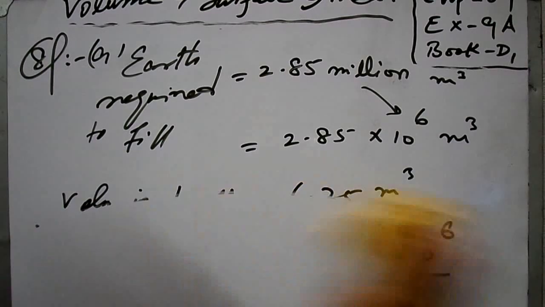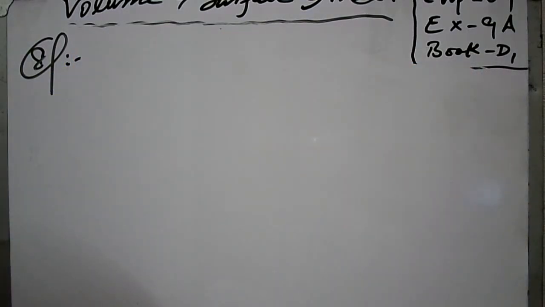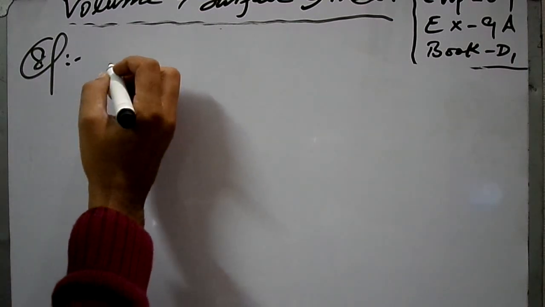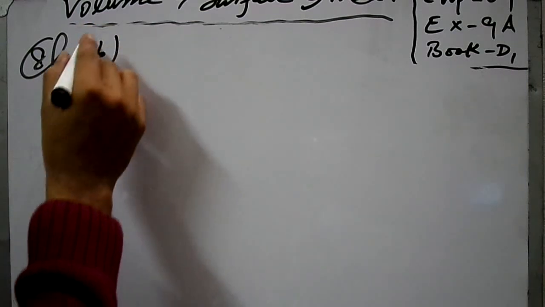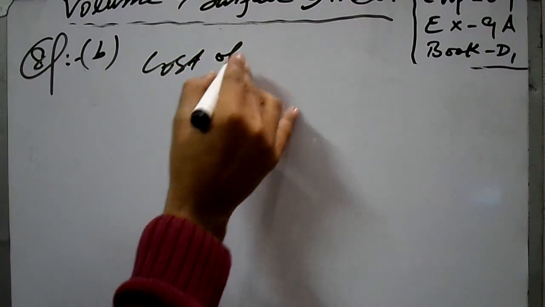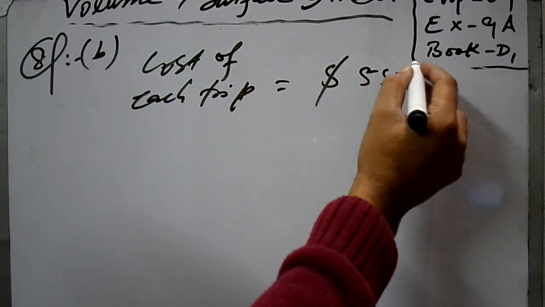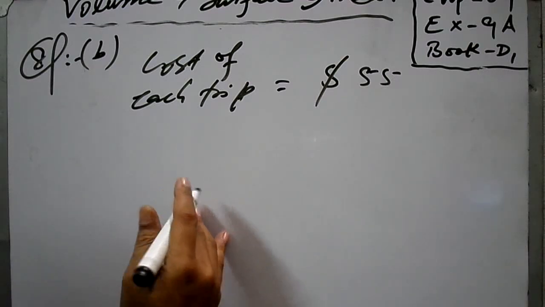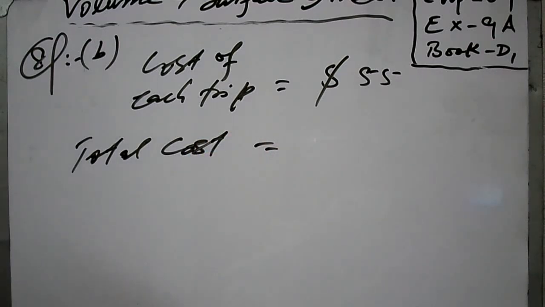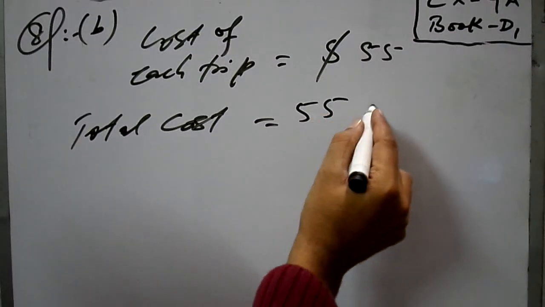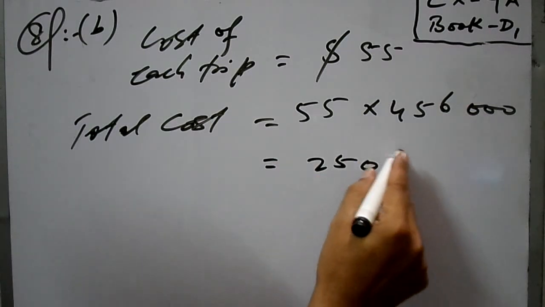So the cost for each trip is $55, and the total cost will be equal to 55 multiplied by 456,000. You will get 2508.